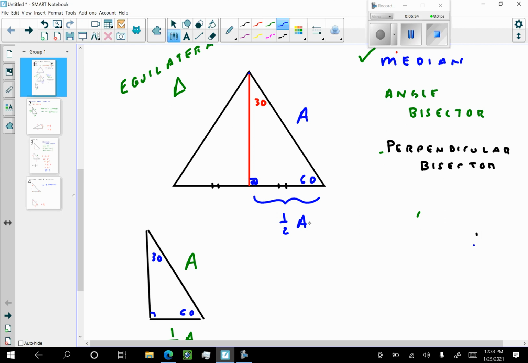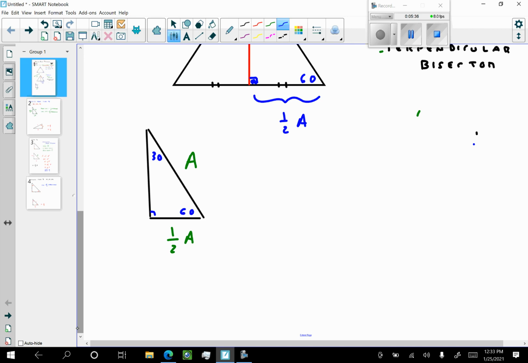That's an important property of equilateral triangles, and we're going to use that property in a 30, 60, 90 right triangle, which is actually 1/2 of an equilateral triangle. So what we're going to do now is use a little algebra in the Pythagorean theorem. We're going to find this long leg. Oh, well, what is that long leg?